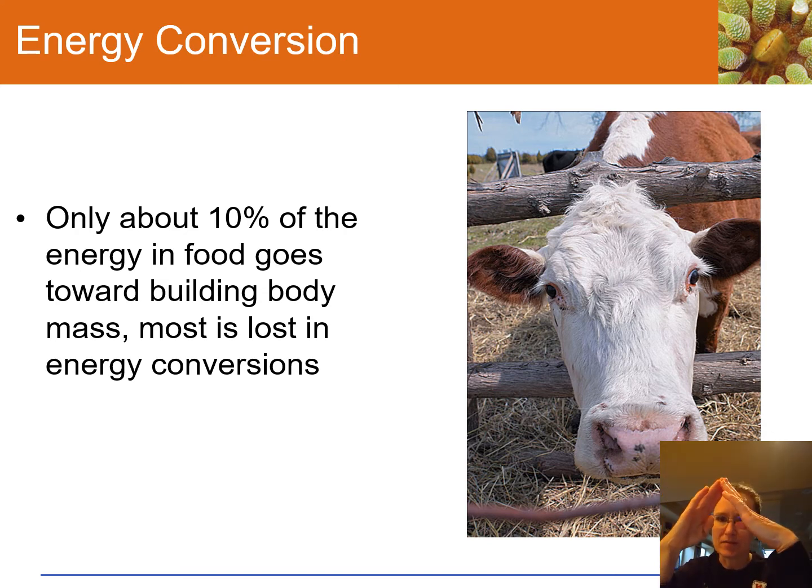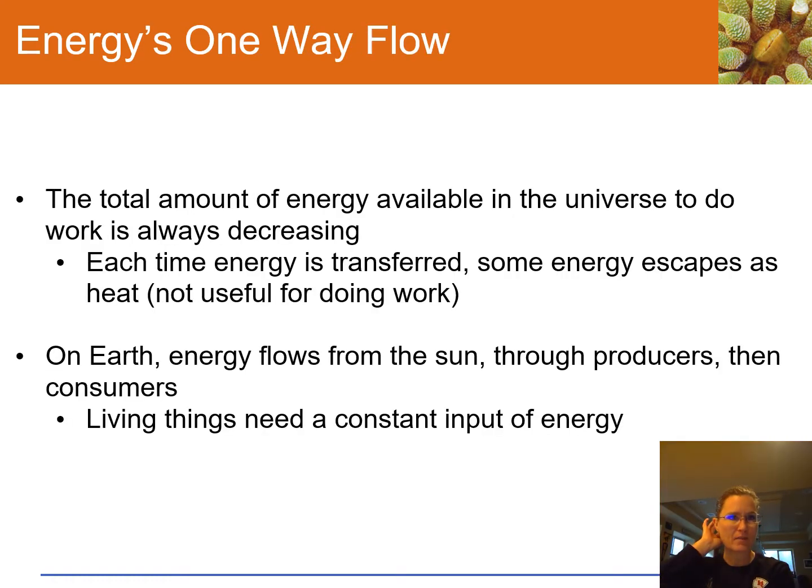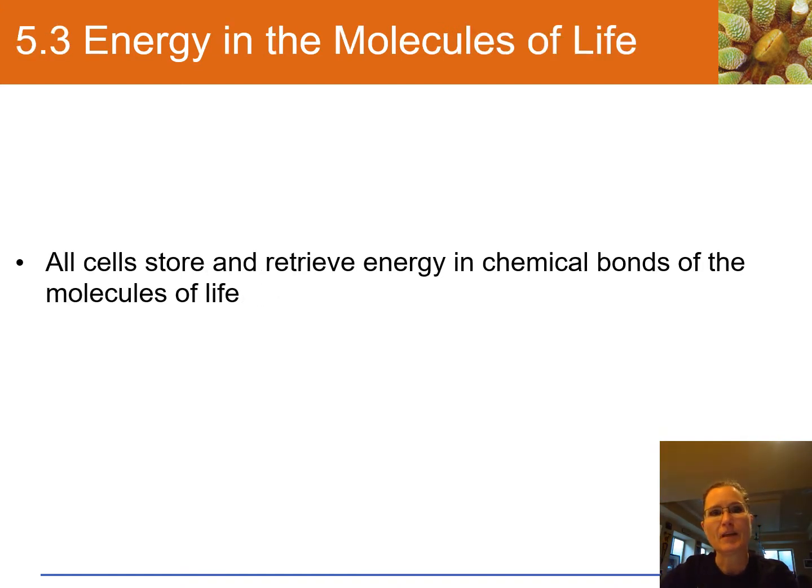There's only a couple of them because the system can only sustain so much because of the loss of energy between what are called trophic levels. And so this is talking about how energy comes from the sun, gets used through, and then it sort of gets lost into the system, and then it's replenished by the sun, over and over and over. And then we store our energy in bonds.